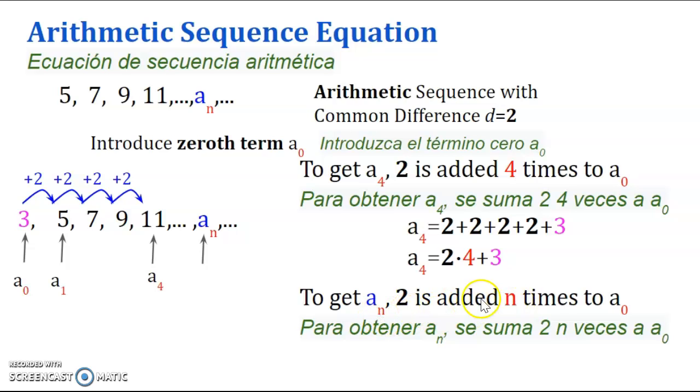So remember n and n here. 2 is being added n times, or we can say 2 is being multiplied by n, plus 3. 3 is the zeroth term. This is the more generic equation that's going to help us figure out any term, whether it's a really huge number or a small number.